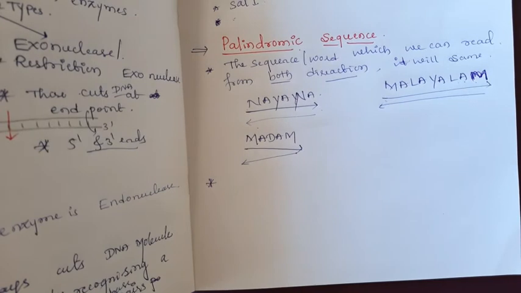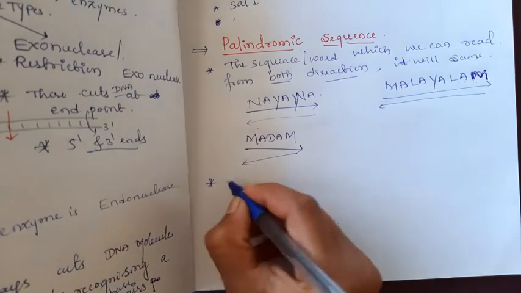I can say that a palindromic sequence in DNA is a sequence of base pairs that reads the same in both directions. It reads the same on two strands when the direction of reading is different.